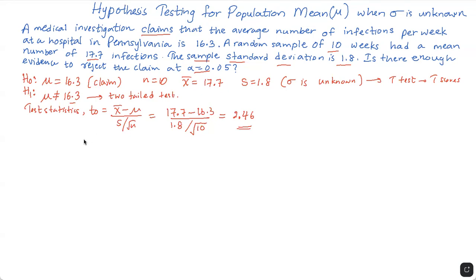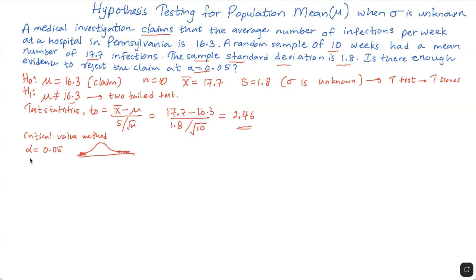So in this problem, I'm going to use the critical value method and the p-value method. So let's look at the critical value method. Here, the alpha value is given, which is 0.05. Since this is a two-tailed test, we need to find the one-tail area.